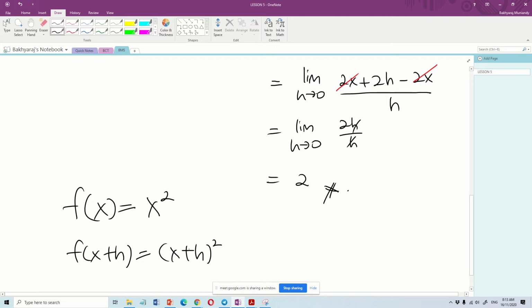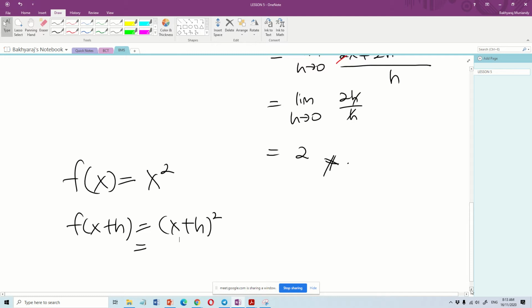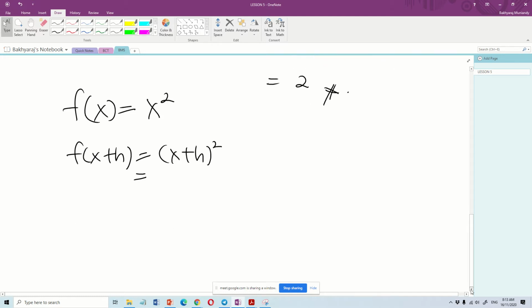Okay, then you need to expand this. What do you get? When you expand, what do you get? Correct. X plus h times x plus h, not just x square plus h square. Kalau you letak x square itu salah.